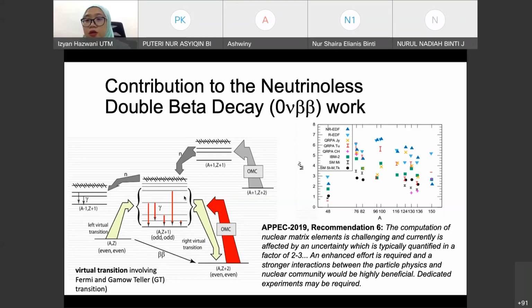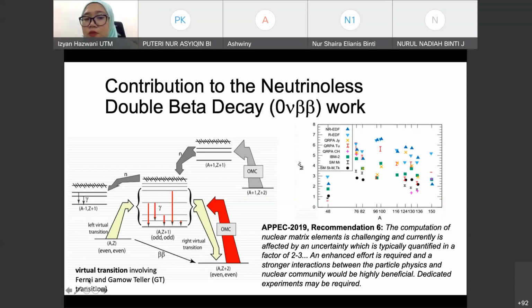The normal neutrino energy is around 3 MeV, but this Majorana neutrino is very, very high, around the 100 MeV region, which we estimate muons are able to access.